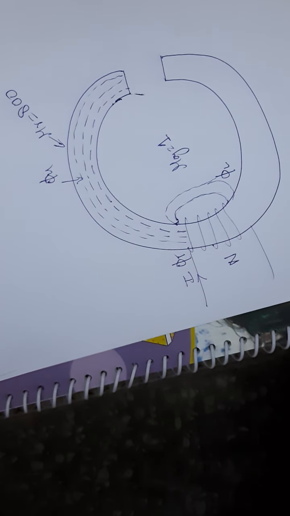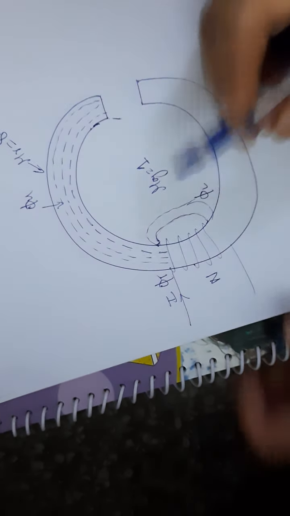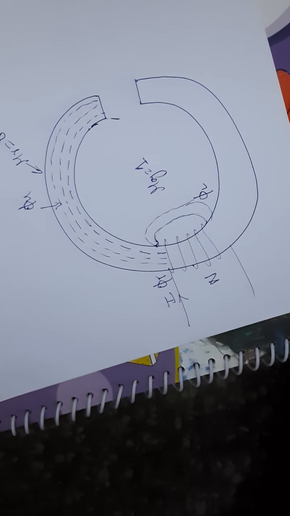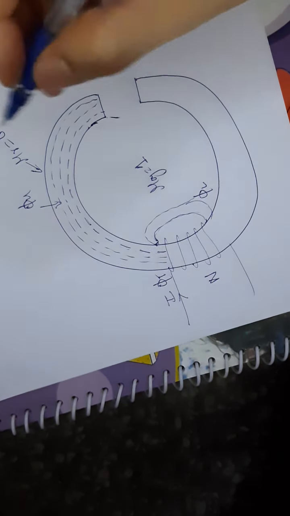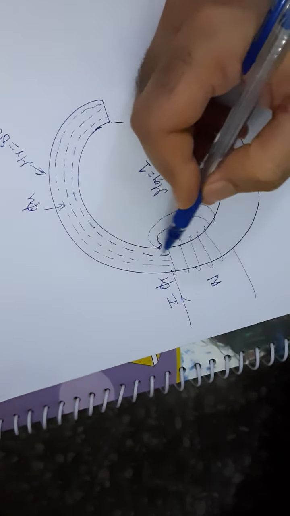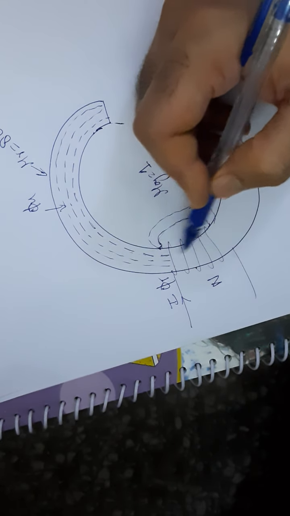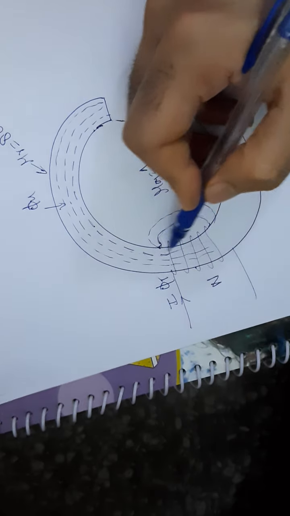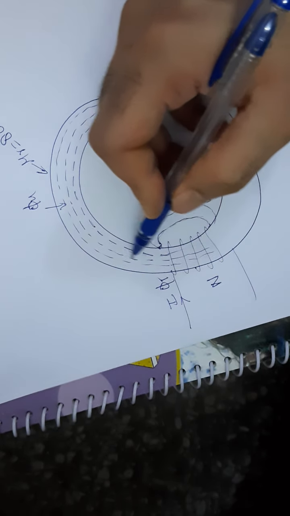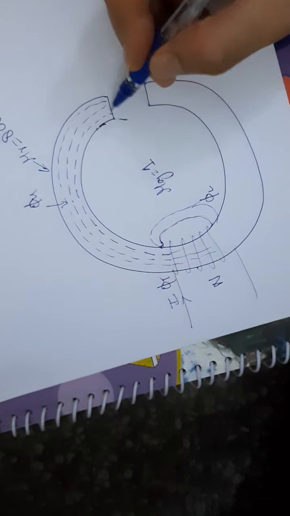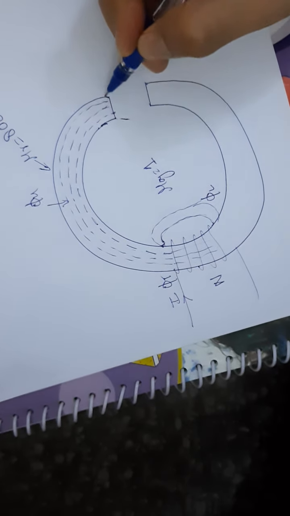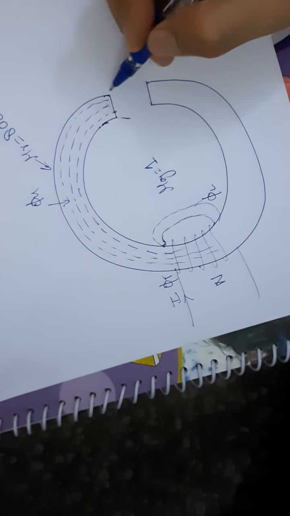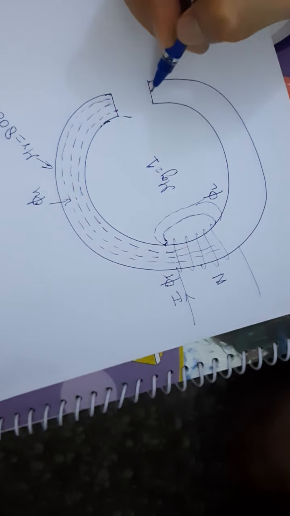So now tell me, you know that here the permeability is more, so magnetic flux will be generated and developed here. It will move in this direction, and at this point we have air in between these two contacts.